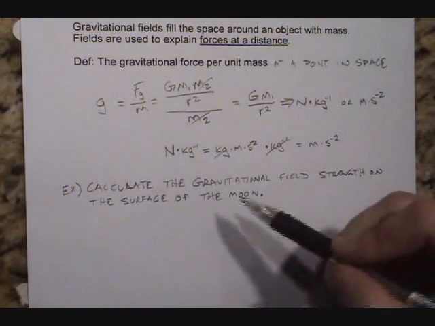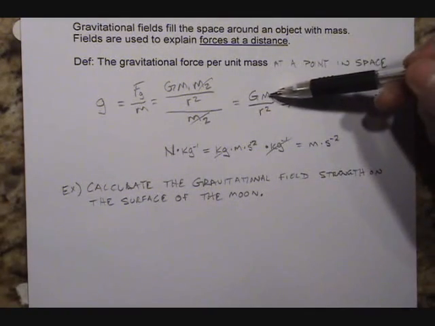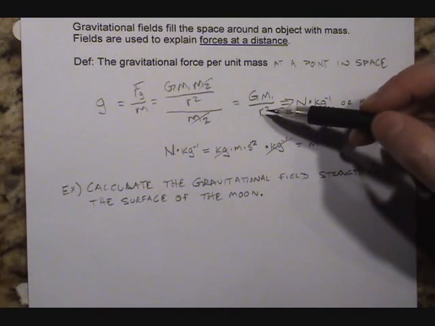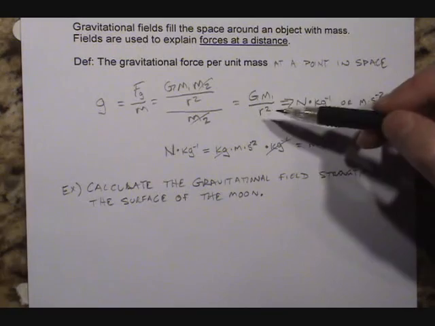Now, what will I need to make that calculation? I will need to know the mass of the Moon, and since I'm talking about at the surface, then I'll need to know the distance between the surface of the Moon and the center of the Moon.